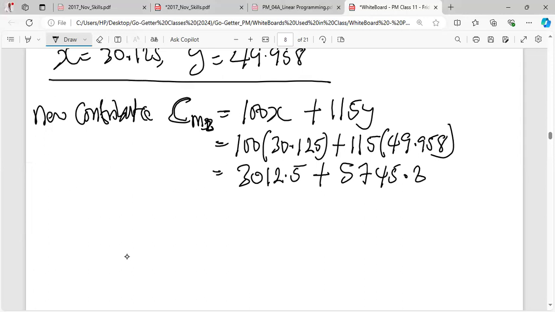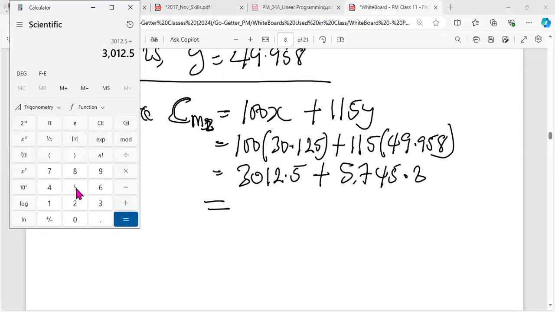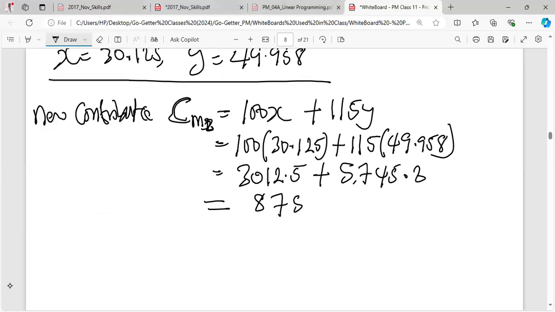When you add them together, let me add this. 5745.2. Is it 0.2? Let me see the other calculator. Yes, it's 0.2. That will give me 8757.7.